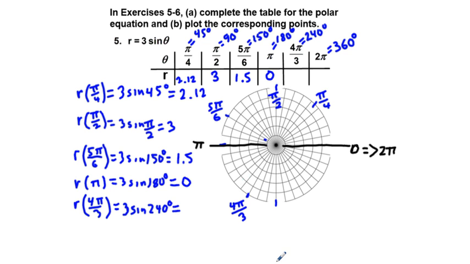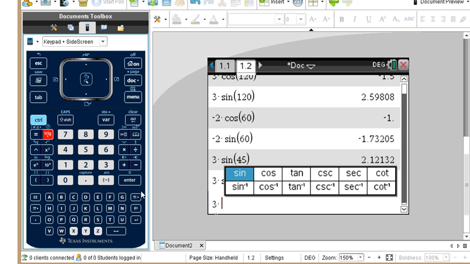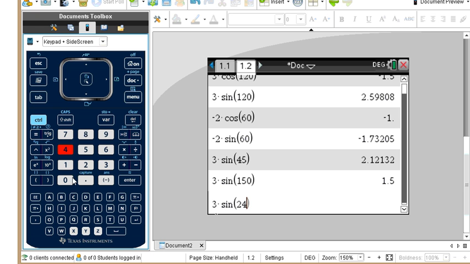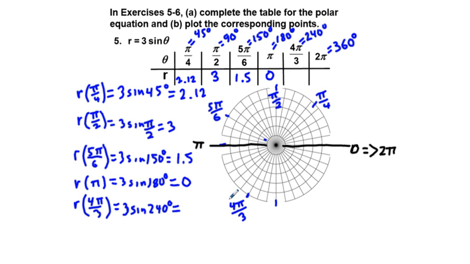And that's going to be equal to, get our calculator, 3 times sine 240 degrees. We get negative 2.98. We'll say about negative 2.6, just to make the graphing easier. So negative 2.6 goes up here in the table.